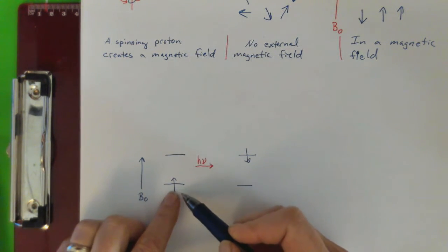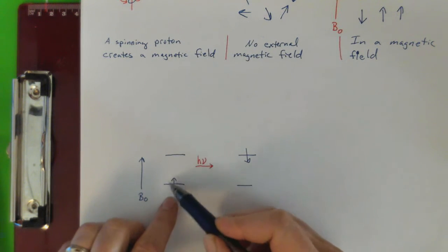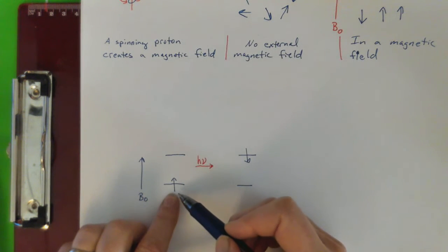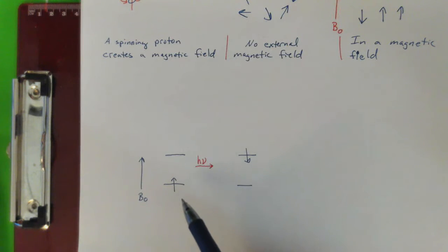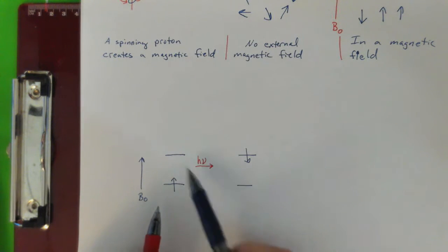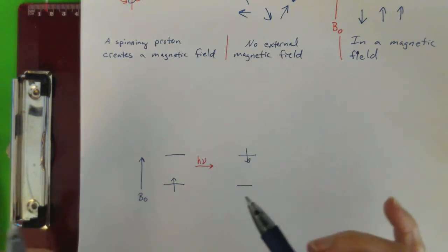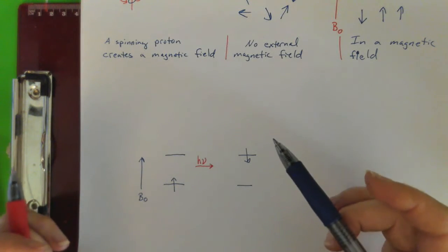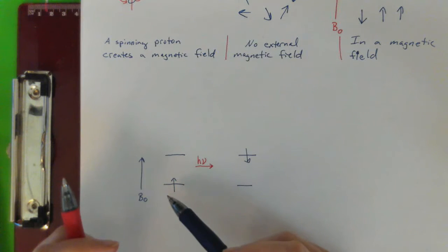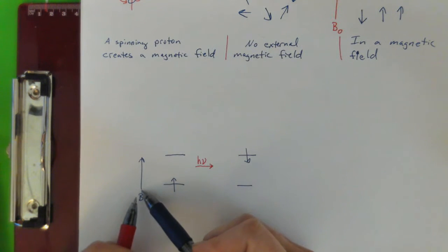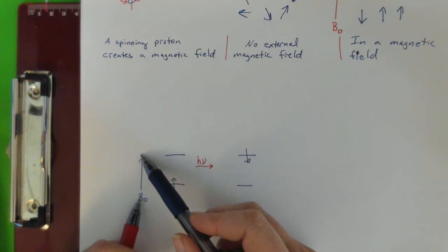Since this is the most common energy state, with or parallel, I've gone ahead and put that in here. This is why the word nuclear is in NMR, because we're talking about nuclear spin states. And then the word magnet, because we've applied an external magnetic field.